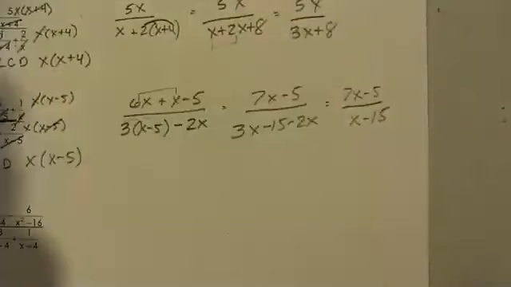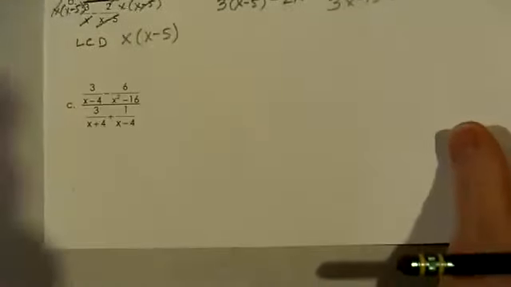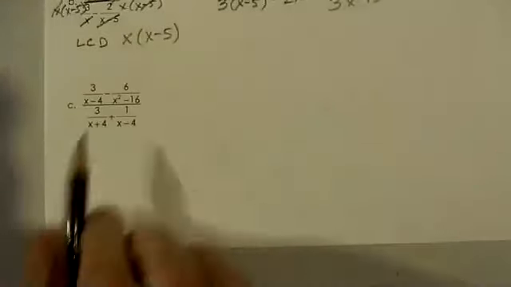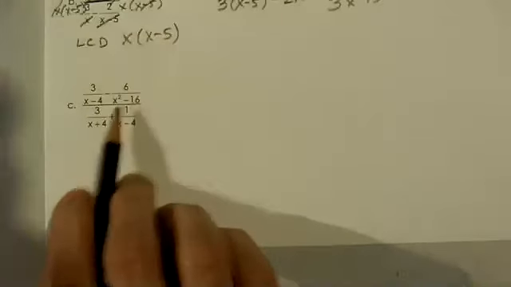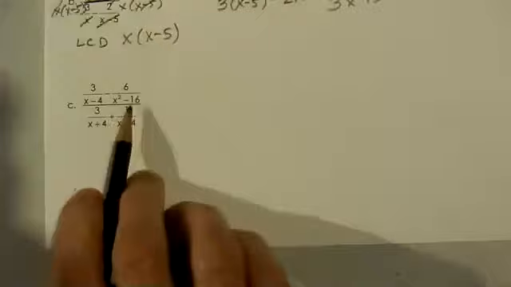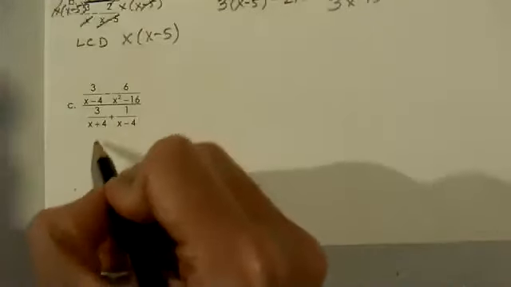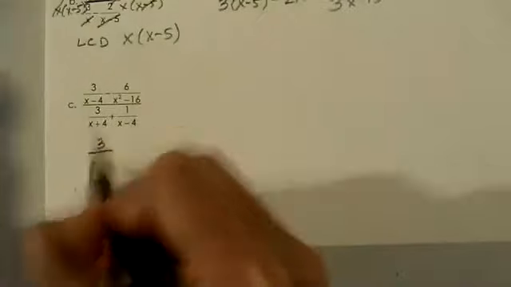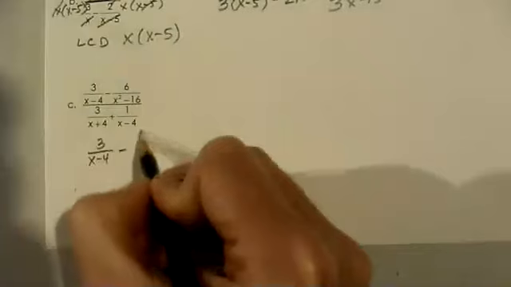All right, so we move on to our next example. Now this one has a factor in it, so we might want to rewrite it so we can figure that part out. So we're going to take the 3 and the x minus 4 minus 6.